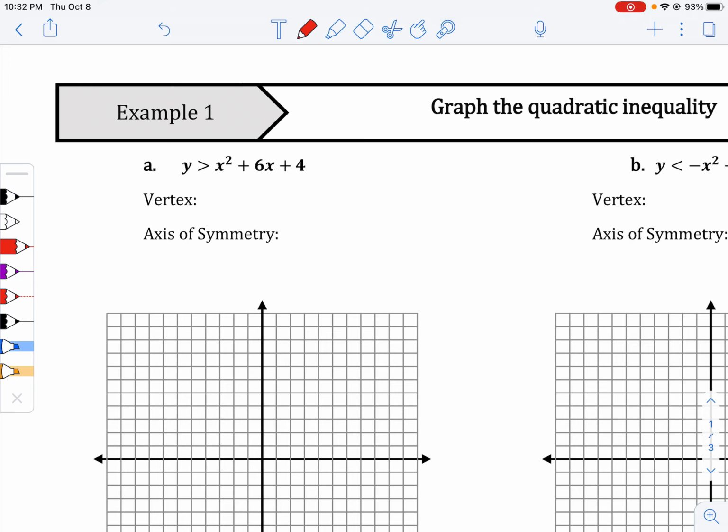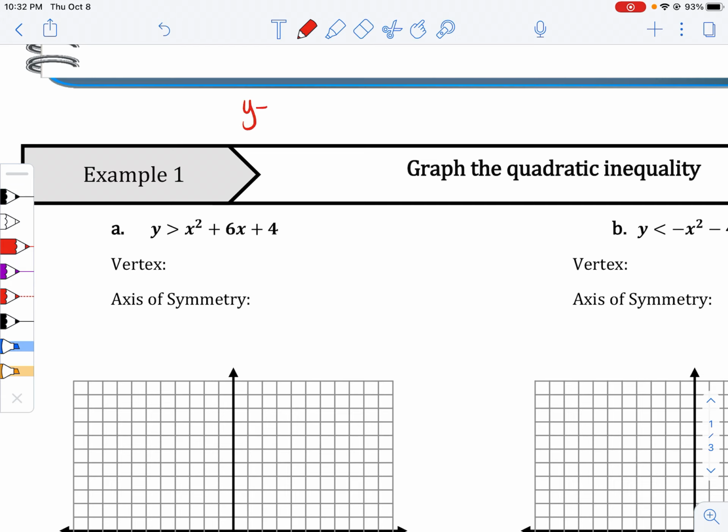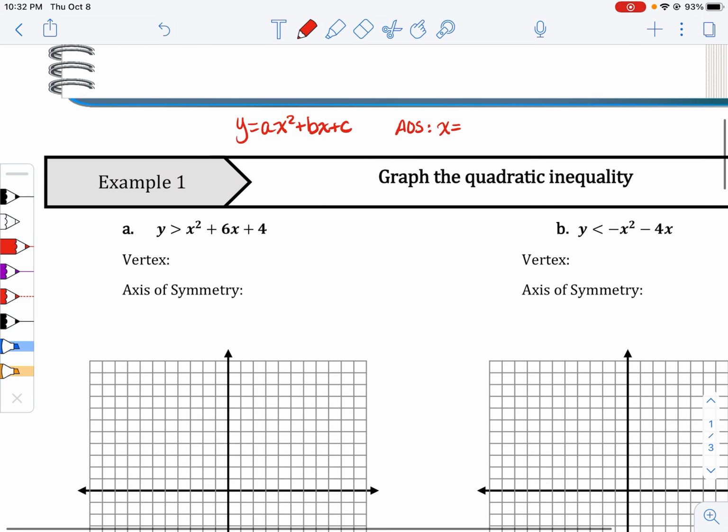I believe I gave you all of these in standard form, including on your homework. So as a reminder, when you're in standard form, it's y equals ax squared plus bx plus c. Your axis of symmetry is x equals b over 2a.